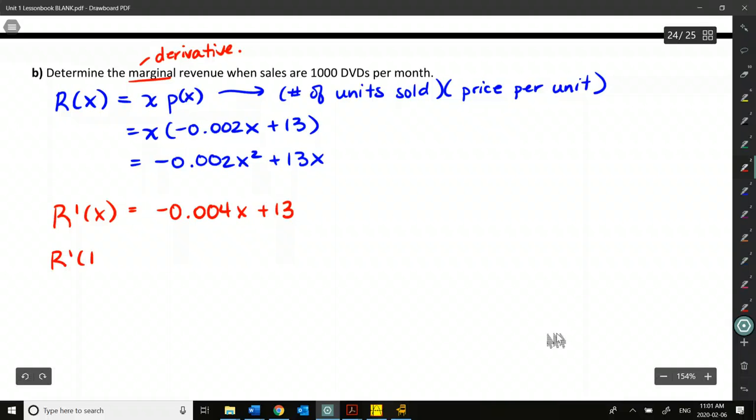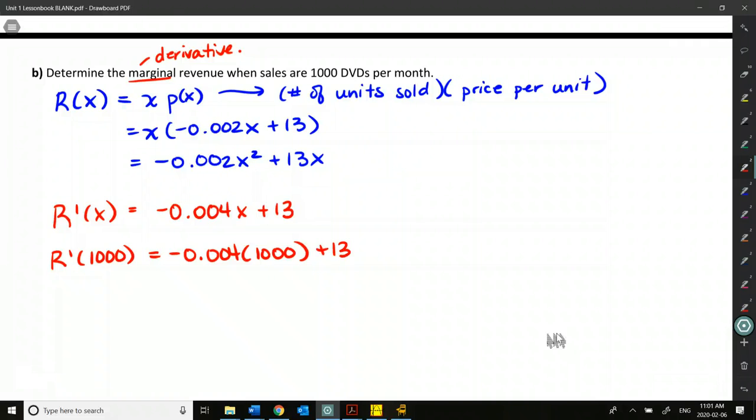And then we're going to calculate at 1,000 DVDs. So we should get 9.